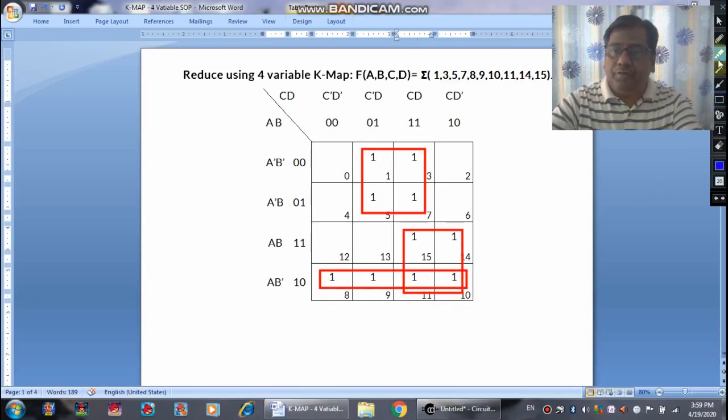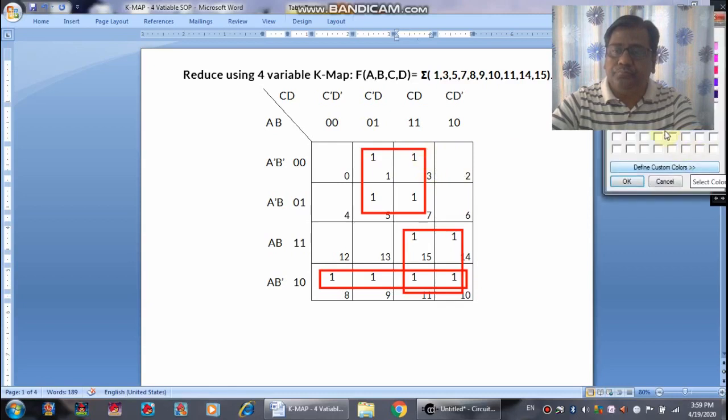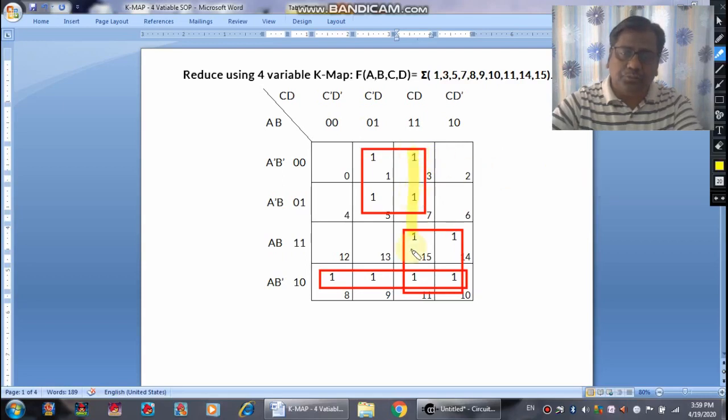Now, if you have grouped these values, then it would have been a redundant group, because 3 and 7 are part of this quad and 15 and 11 are part of this quad.